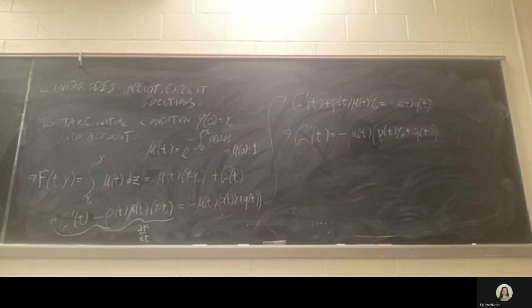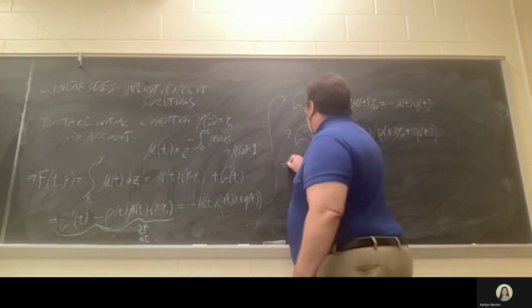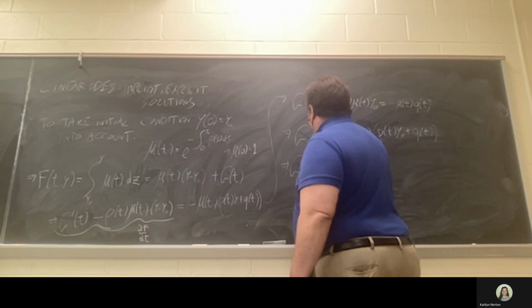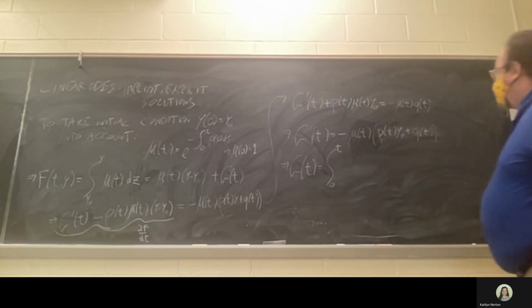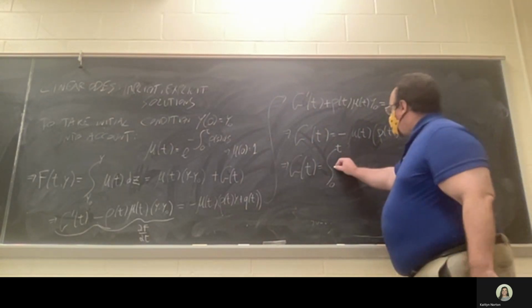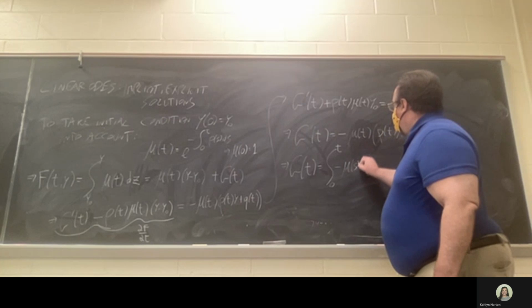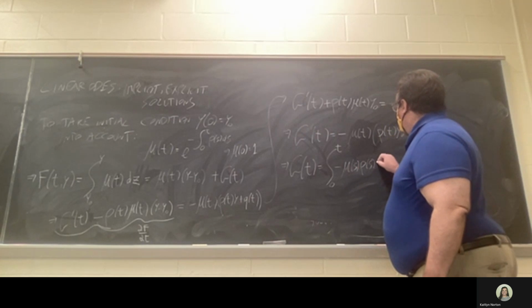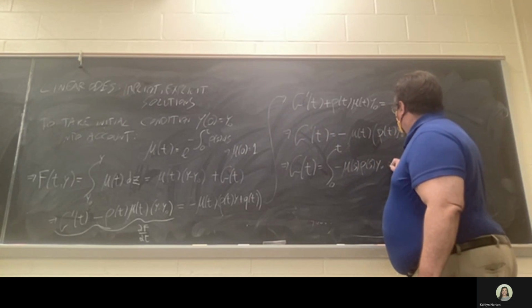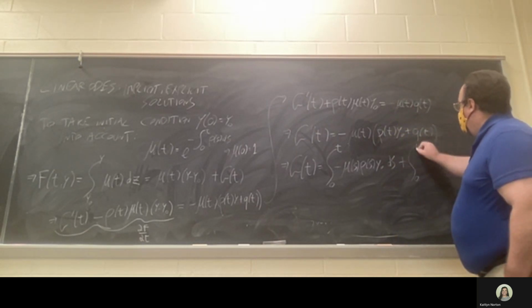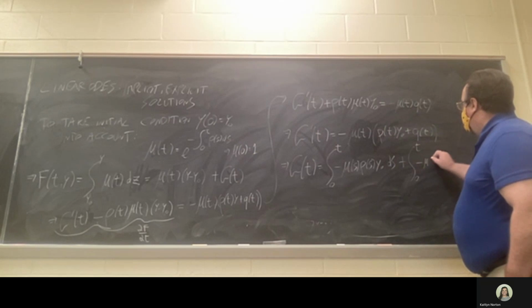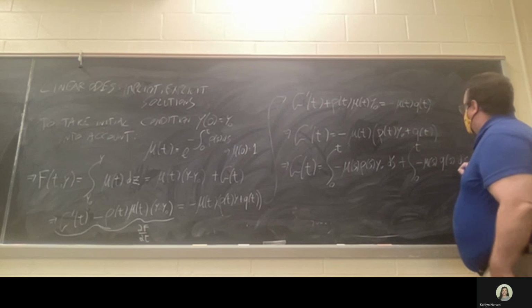So now we integrate this with respect to t. What I'm going to do is make this a definite integral also. G of t is the integral from 0 to t of minus mu of s, p of s, y naught, ds, plus the integral from 0 to t of minus mu of s, q of s, ds.